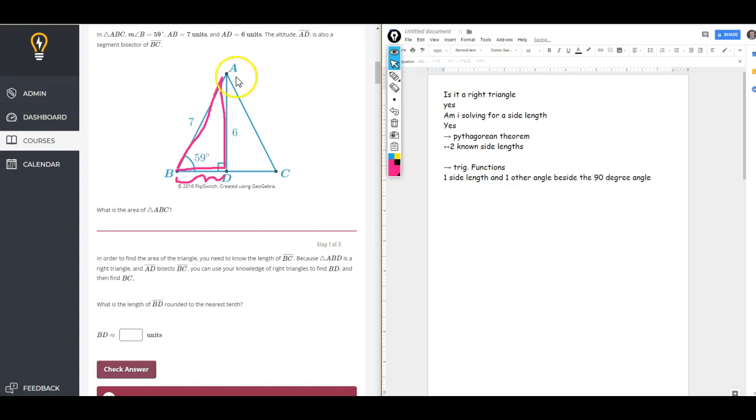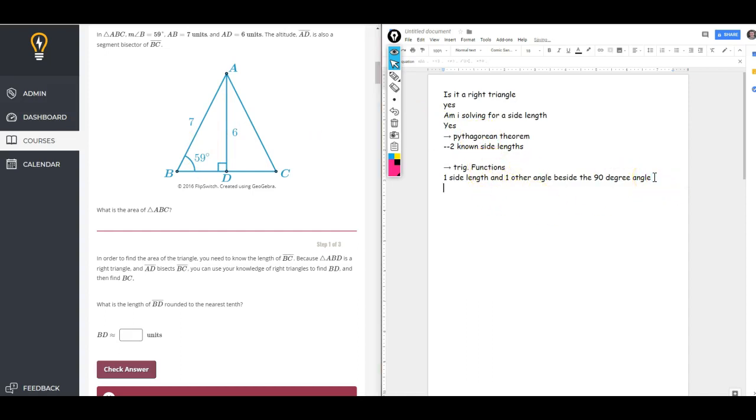So I'm looking at this triangle, and we have both. We have 2 known side lengths, we have 1 other angle, and at least 1 side length besides. So we can choose which one we want.